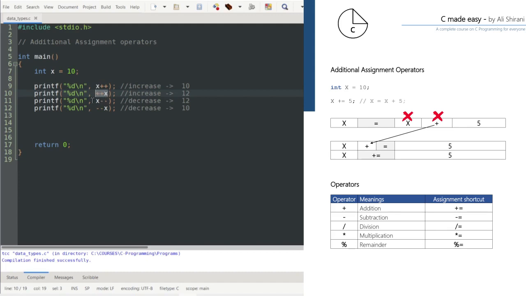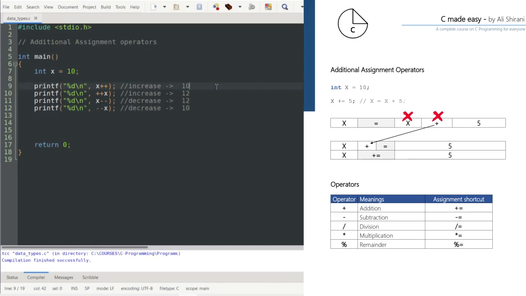The same way, the minus minus is also going to apply after the printf has used it, and before in here minus minus is prepended. That means x would be decreased before the printf statement has used it.